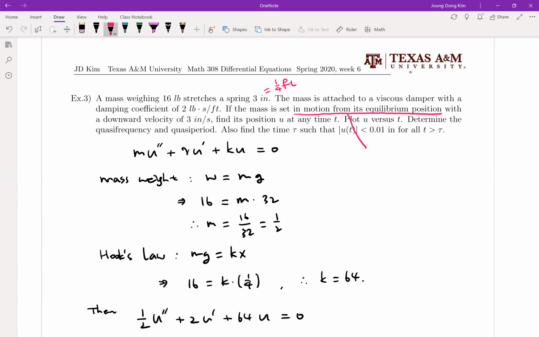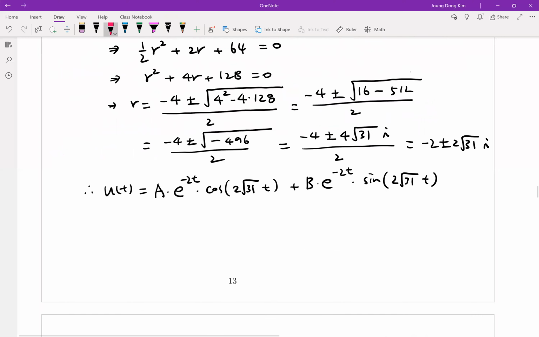That means u(0) is equal to 0, right? And the downward velocity is 3 inches per second. That means u prime 0 equals 1/4 feet. Does it make sense? So we're going to use these two initial conditions for my general solution to find a and b, okay?